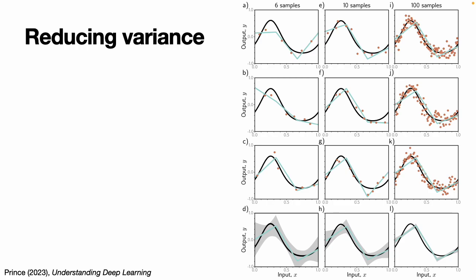So reducing variance would look something like this. I think what is going on in this picture is I've got 3 random samples from this model.